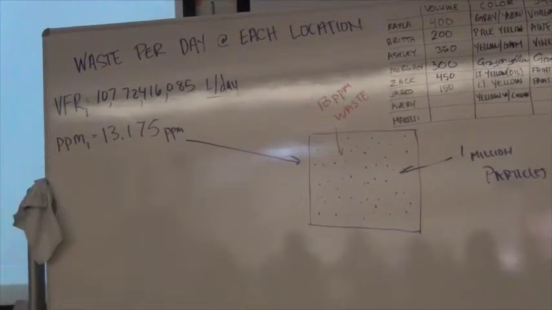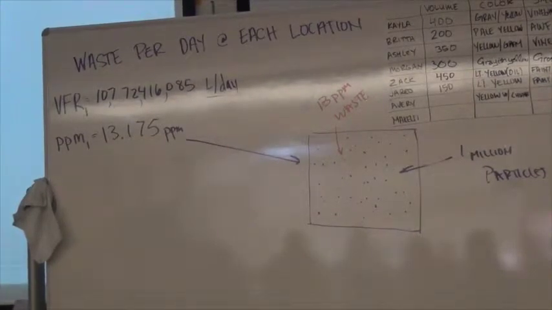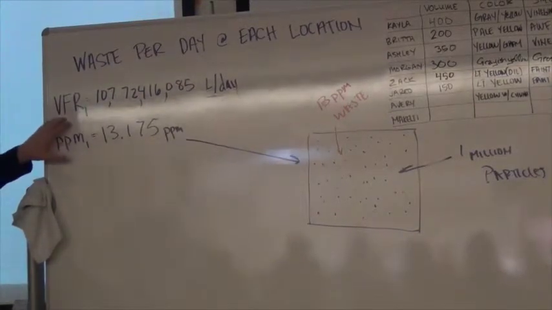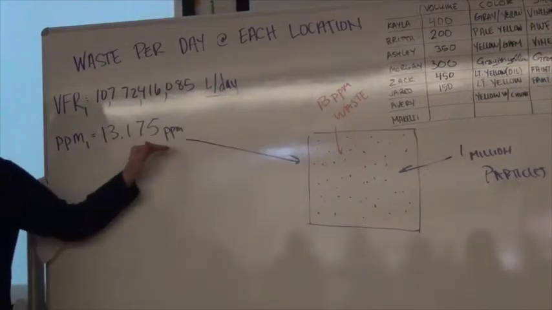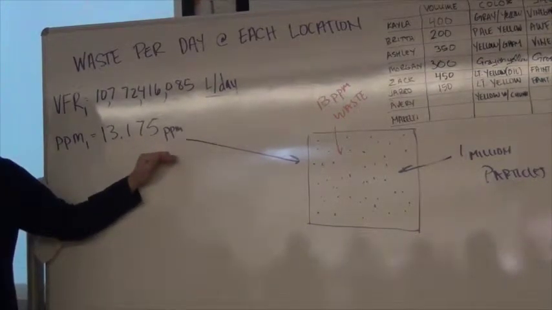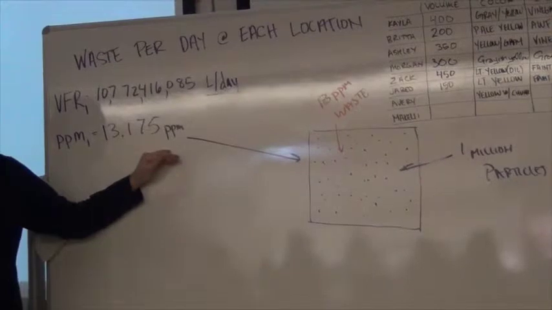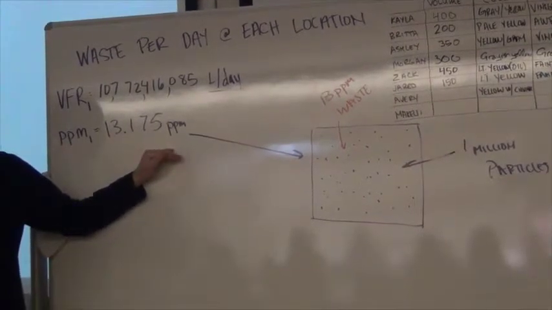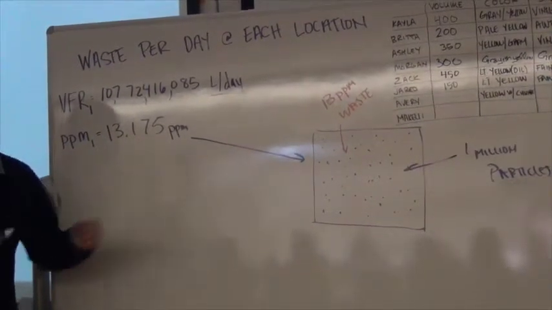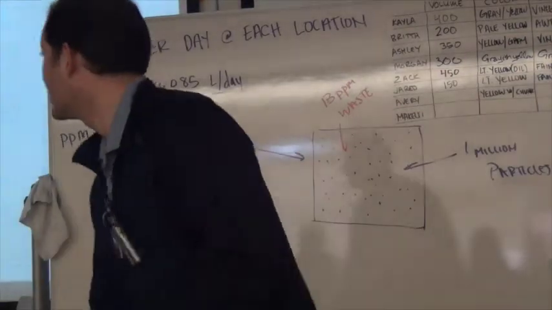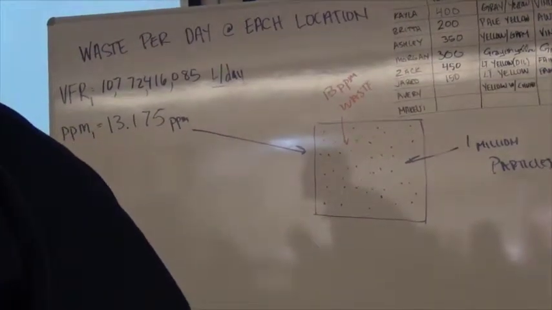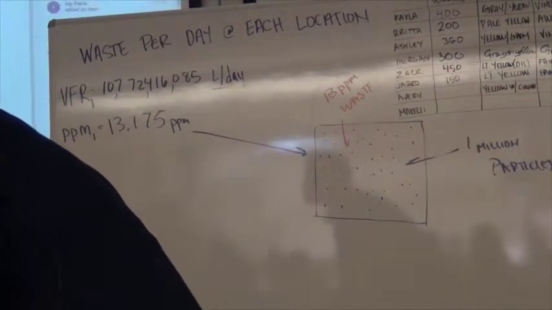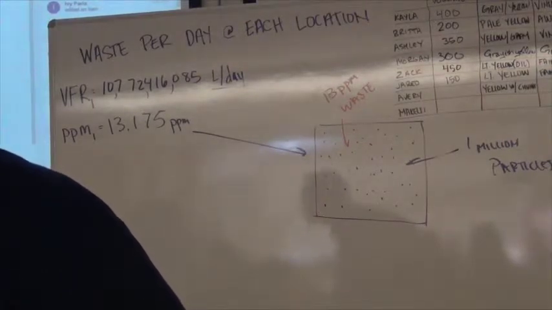So please pay attention. Okay, so we've got 13 parts per million at this location. At the top of your initial data, what does it say about parts per million? It's going to tell you some information that we'll need. Equals milligrams per liter.